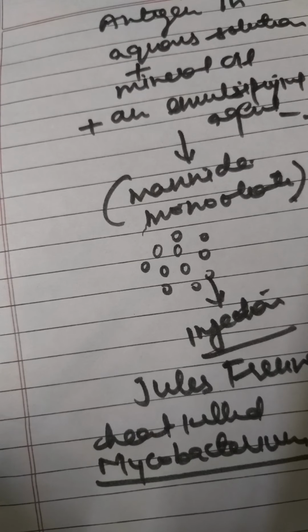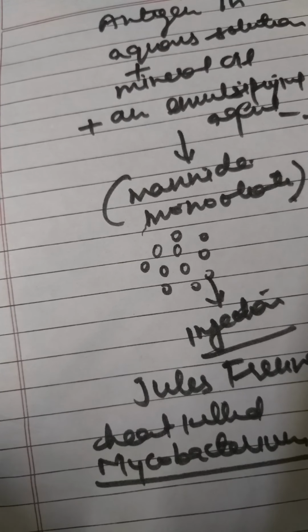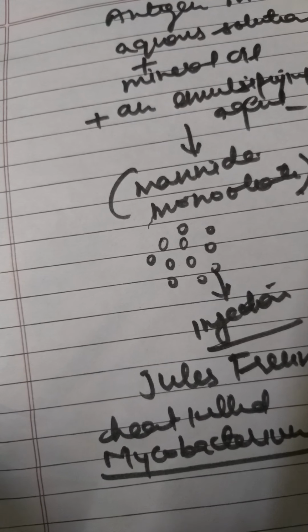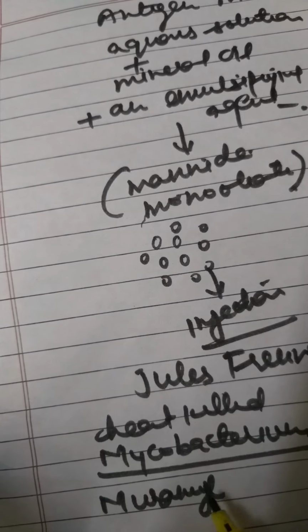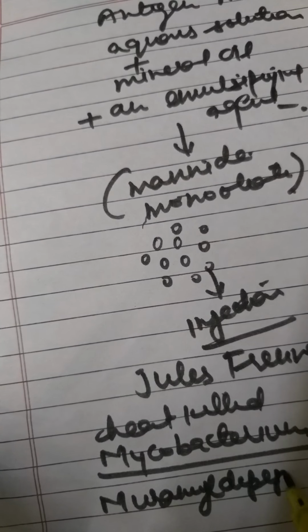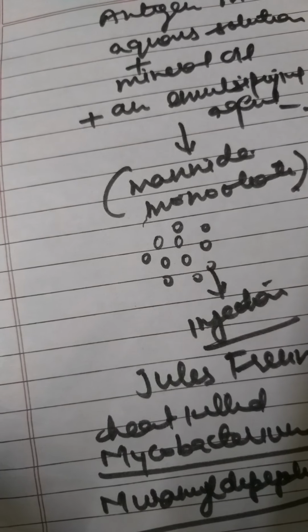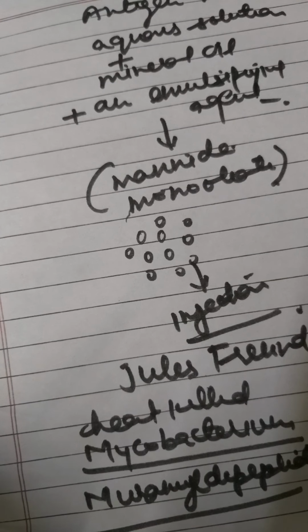There is a component in the mycobacterial cell wall called muramyl dipeptide. It activates the macrophages, making them more phagocytic, and that is more effective as compared to the incomplete form.